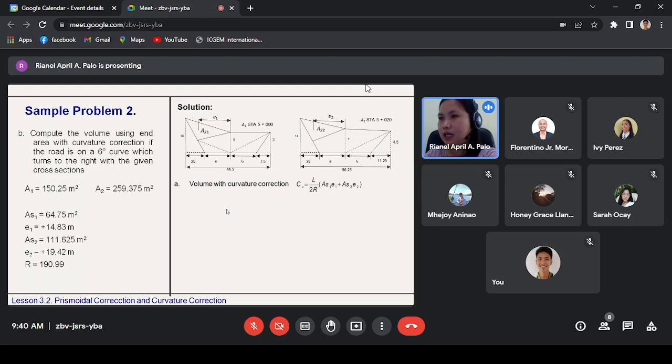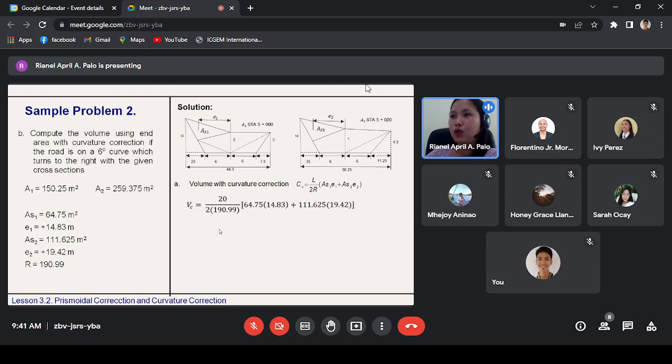Now we have all the unknowns in our formula, so we just substitute. We have 20 meters over 2 times our computed R, which is 190.99 meters. Then AS1, E1, then AS2, and E2, which is 19.42.